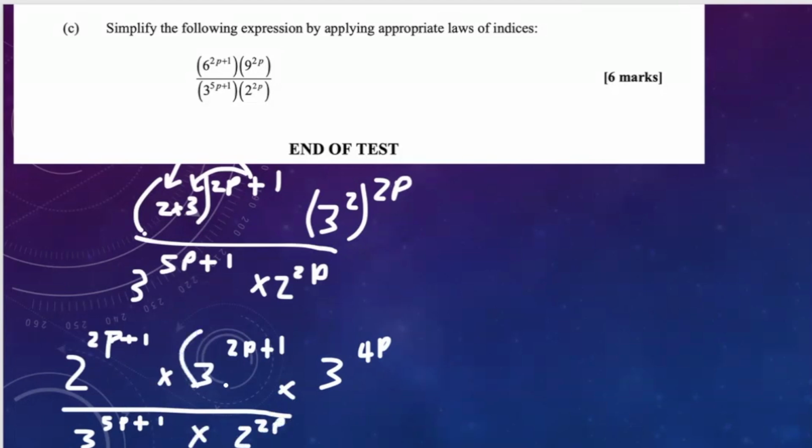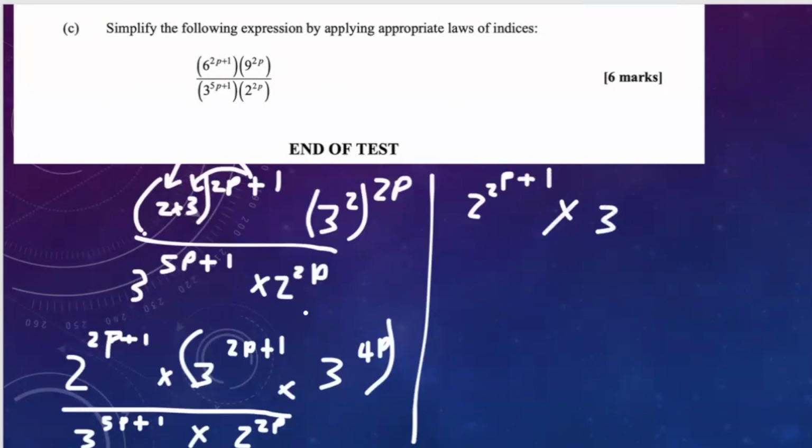Now these have the same base, so we can simplify. So I have my 2 to the 2p plus 1 times, write the base once, and add the power. So we can add the 2p plus the 4p, that is 6p, and then you have your plus 1, and then over below, we are going to eventually simplify that.